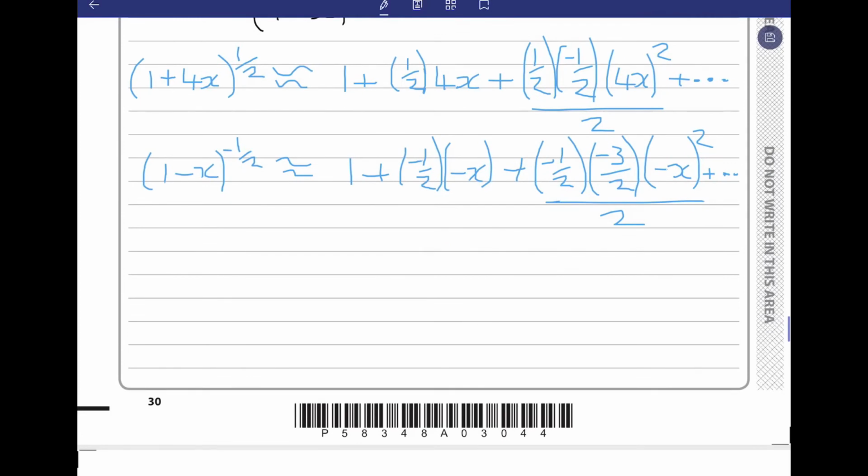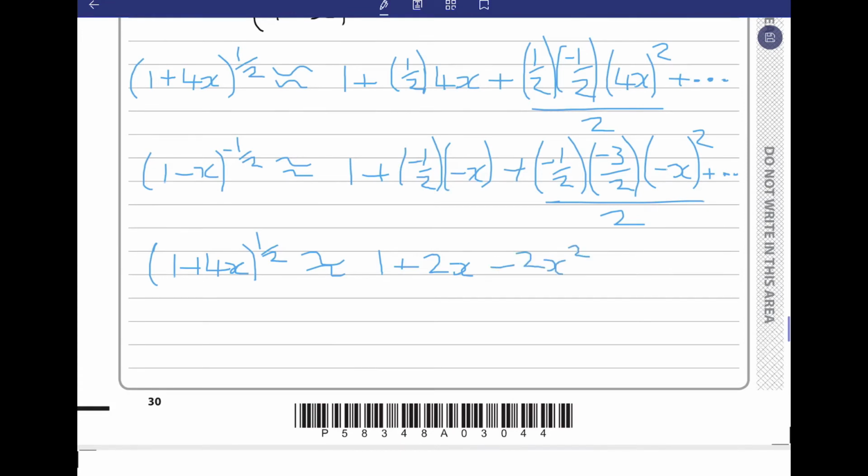Simplifying these down, we get the following. (1 plus 4x) to the half is approximately 1 plus 2x. And here we've got a half times minus a half is minus a quarter. 4x squared is 16x squared. So that gives us minus 4x squared, sorry. And then divide by 2, we get minus 2x squared.